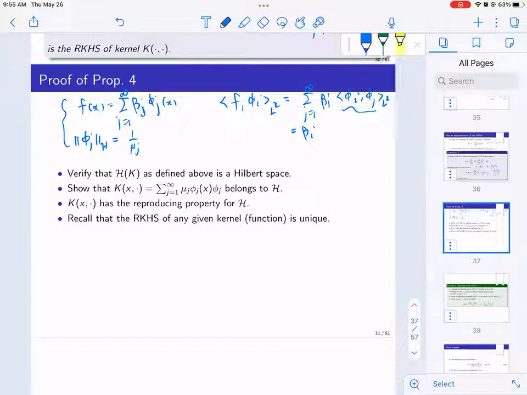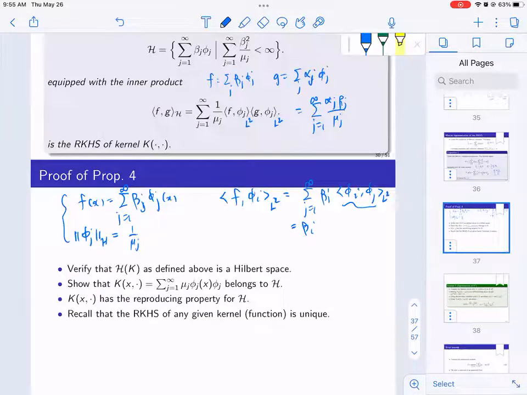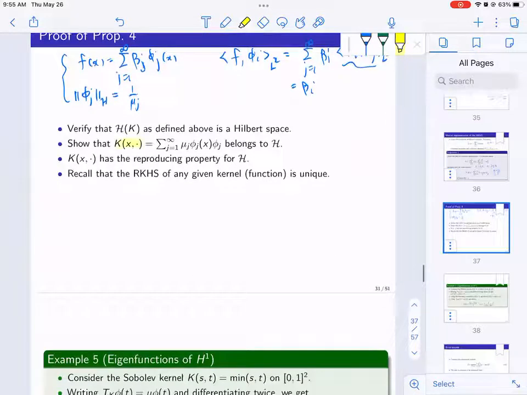This belongs to H. In order to show that it belongs to H, how should we argue? It is of this form, from Mercer's result, for these being beta j's. So I just have to verify that the summation of beta j squared over mu j is finite.